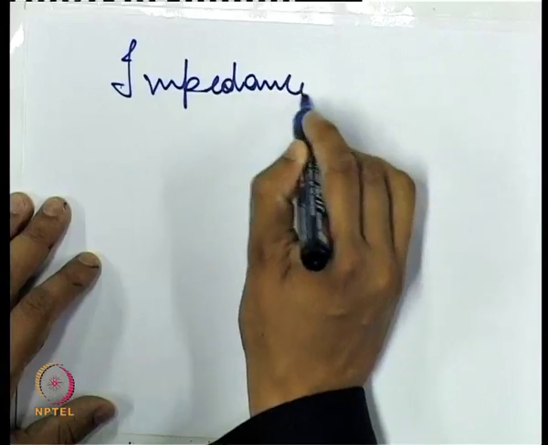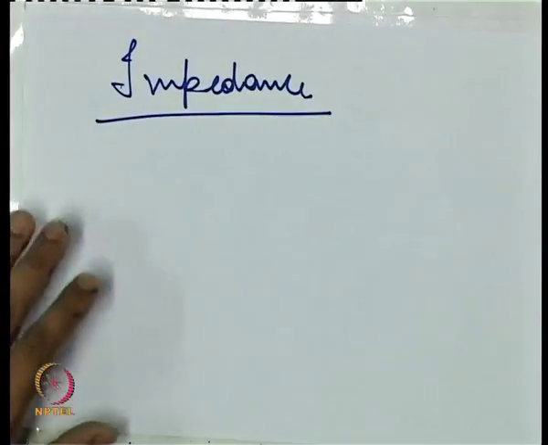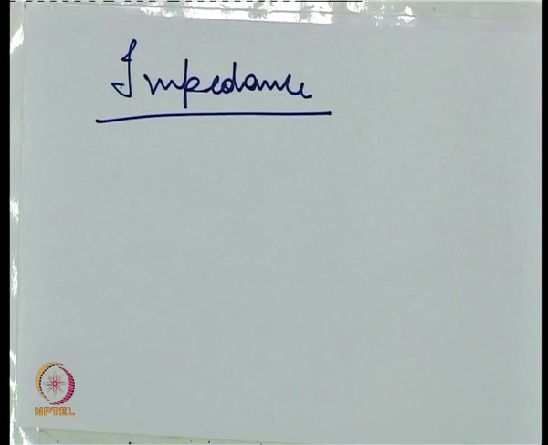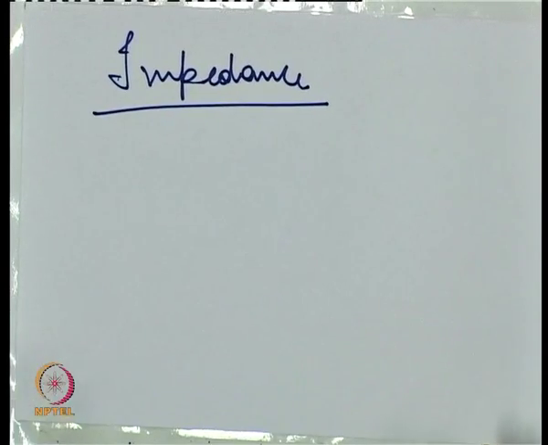Before ending this lecture, I want to stress one small concept, which is impedance. As you saw, we have single conductor waveguides for microwave propagation, but then there is no concept of voltage or current. Yet we inherently know that the concept of impedance is related to voltage and current.